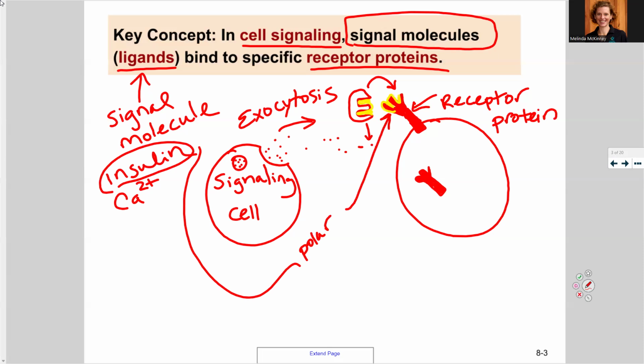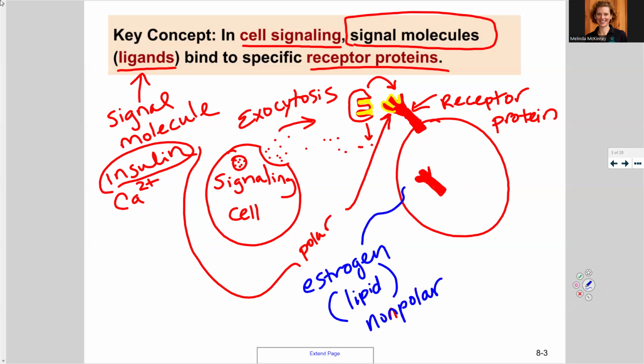It can't diffuse in. But if we had another signal, maybe estrogen, which is a steroid hormone made out of a lipid, so it's non-polar, that can diffuse straight through, go inside, and bind internally. So receptors can be on the surface or they can be inside. It just depends on the nature of the signaling molecule.